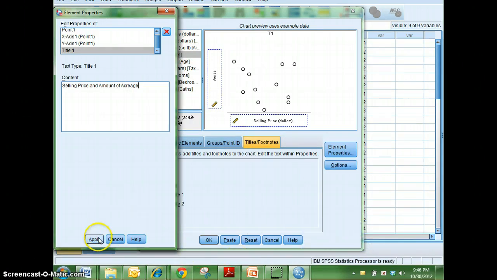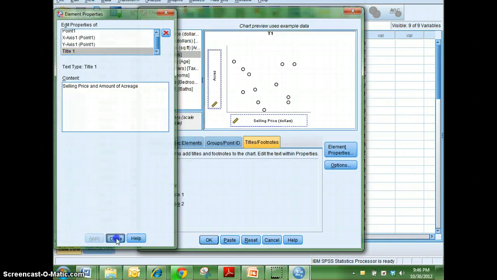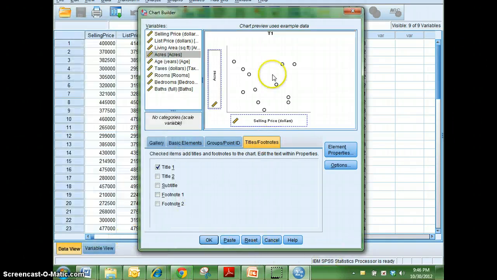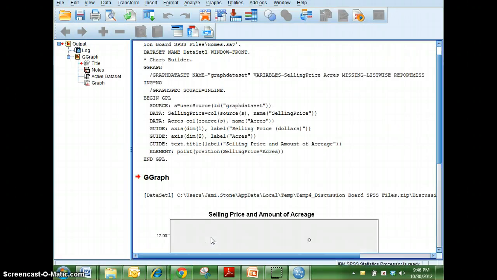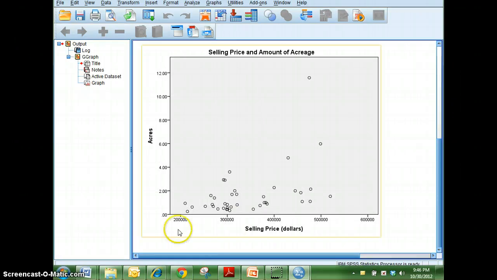So I'm going to go ahead and go apply and close that. And you'll see that that's up there. So then next what I'm going to do is I'm going to hit OK. And when I do that, SPSS goes ahead and pastes my graph in there.